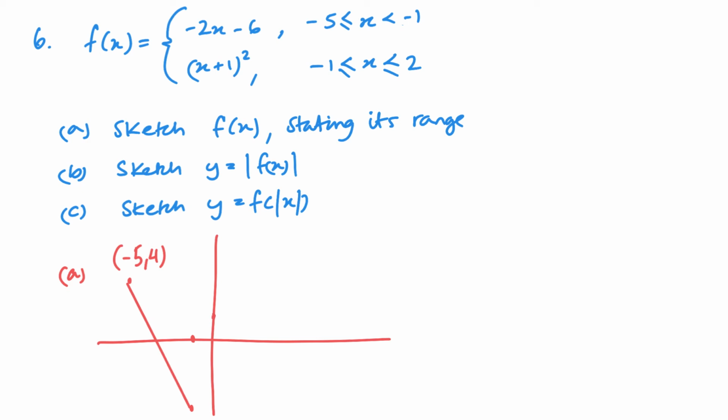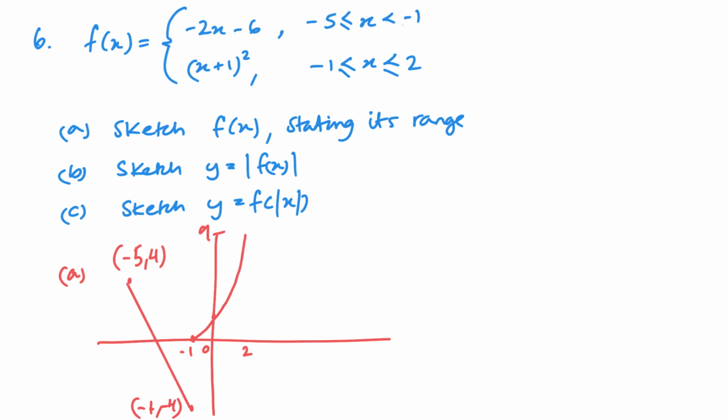And then if I substitute 2 in, 3 squared, 9. So here we have just that curve here, and at this point here will be up at 9. That's going to be at 2 there, 0. This is at -1 at the bottom. What was it? -1, -4, wasn't it? And this is how this function looks.